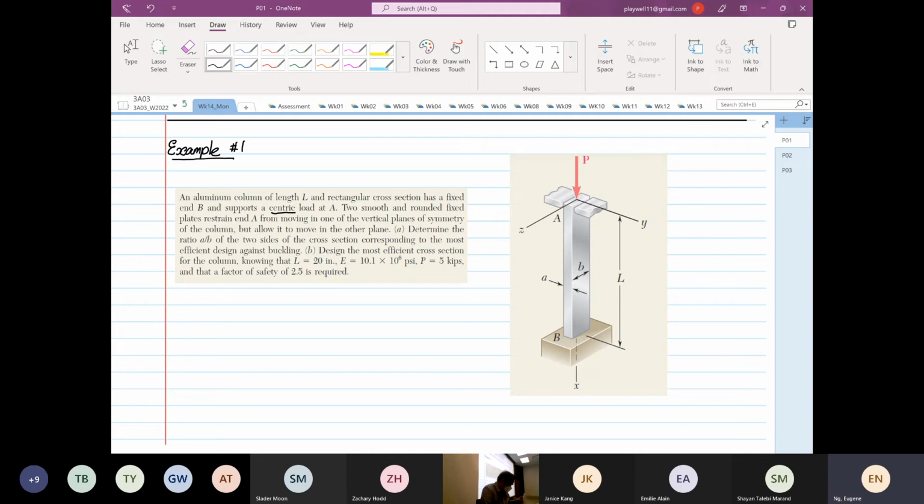Okay, so we're asked to design the most optimum cross section. Let's look at this structure. It is able to buckle on two planes basically.